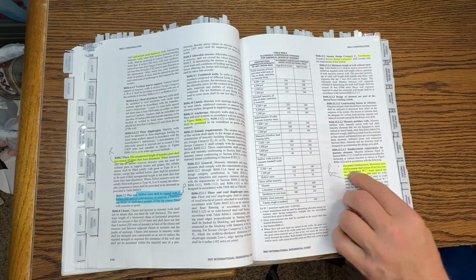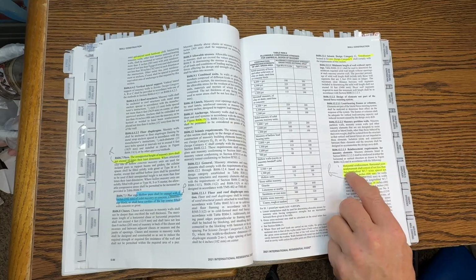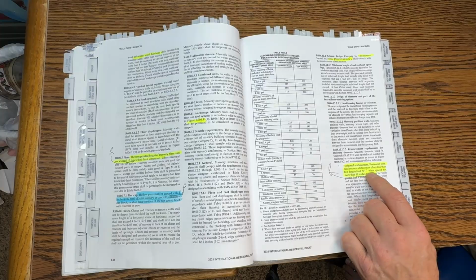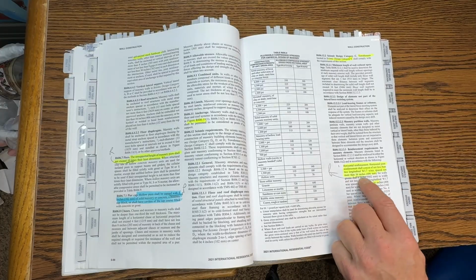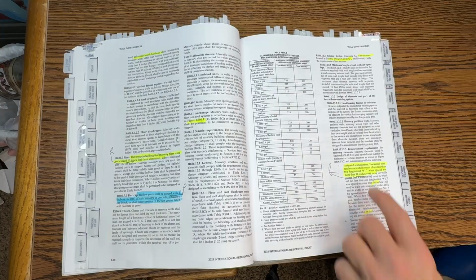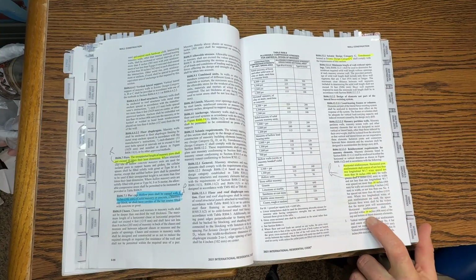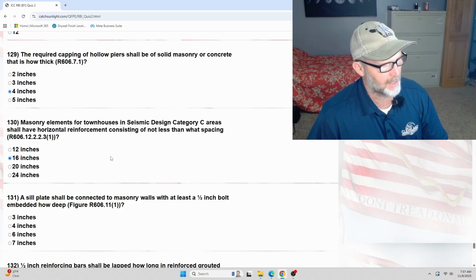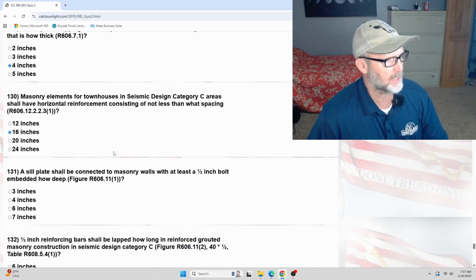But let's go ahead and read this. Horizontal reinforcement. Horizontal joint reinforcement shall consist of not less than 2 longitudinal W1.7 wires, spaced not more than 16 inches, blah, blah, blah, blah. So there's 16 inches again and 16 inches again. And like I said before, 16 inches comes up all the time when you're dealing with masonry. So when in doubt, use 16 inches.